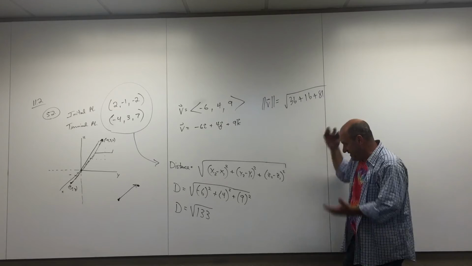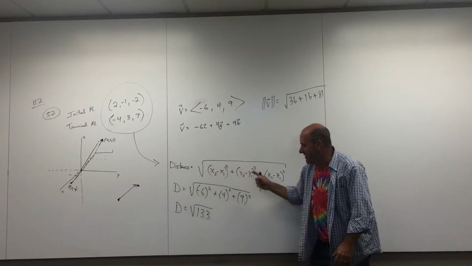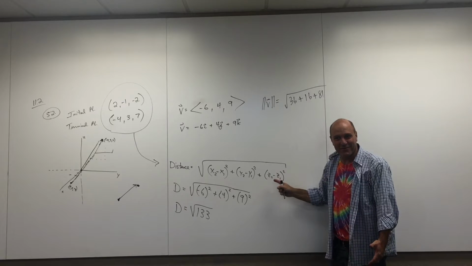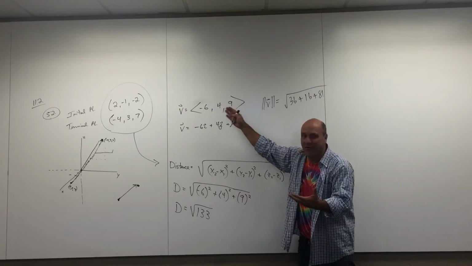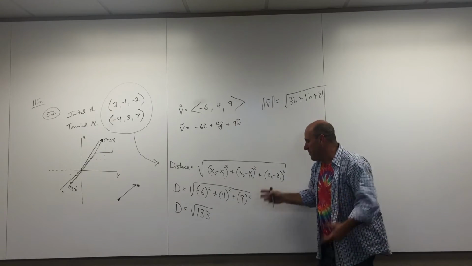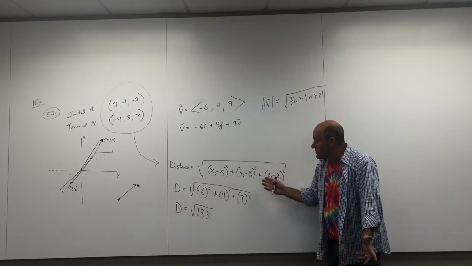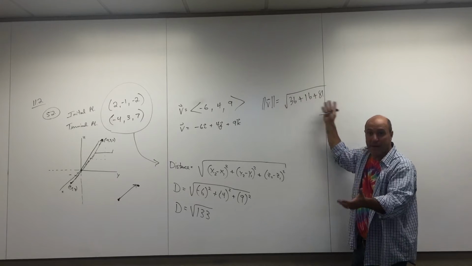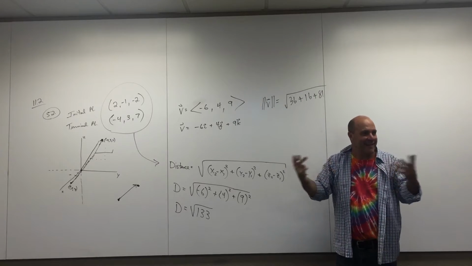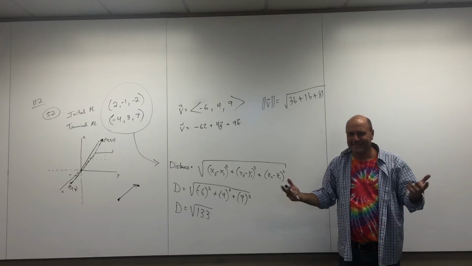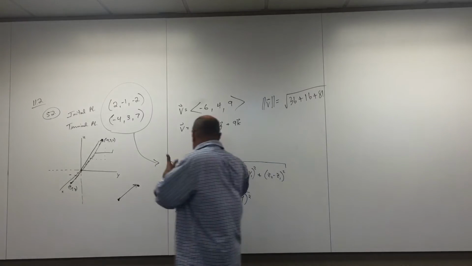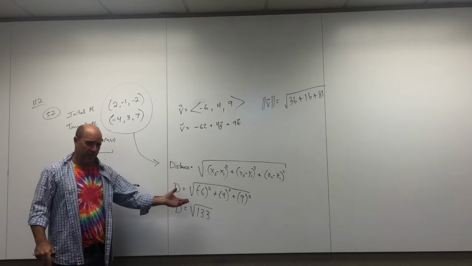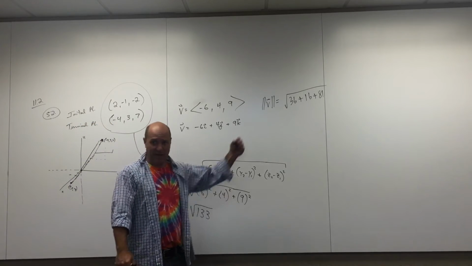So, what's my point? My point is we practically just did that. The distance formula makes me subtract points. Creating a vector makes me subtract points. The distance formula makes me square them and add them up and take the square root. Doing the magnitude of a vector makes me square them, add them up, and do the square root. So it's like an alternative way of doing it? It's almost the same math, but it was just stated as a distance formula and the magnitude of a vector.